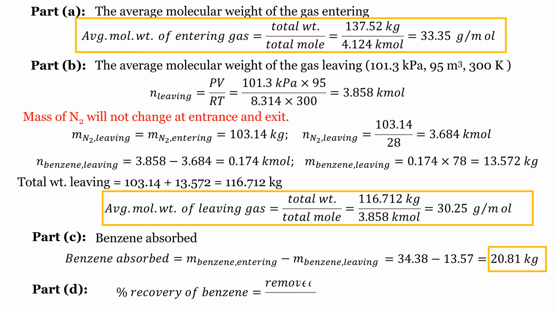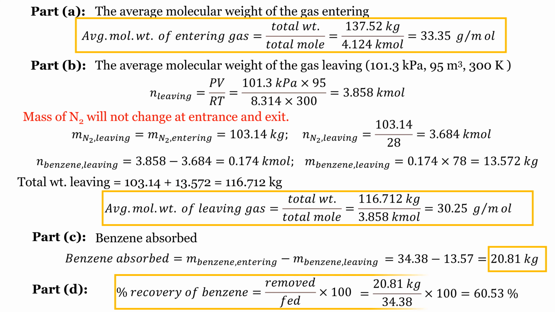In part D, we need to estimate the percentage recovery of benzene, which will be equal to amount of benzene removed divided by amount of benzene fed into 100. So simply put all values: the amount of benzene removed is equal to 20.81 kg and the amount of benzene fed is equal to 34.38, into 100, and it will become equal to 60.53 percent.